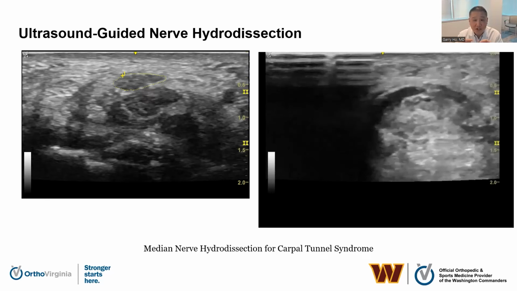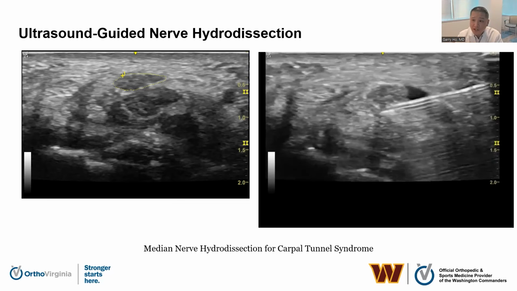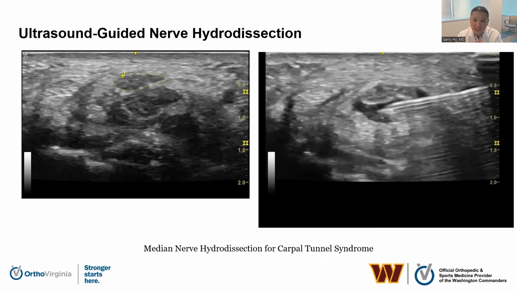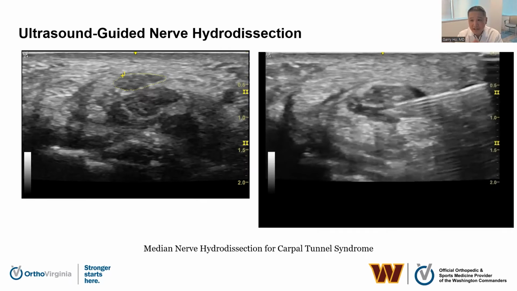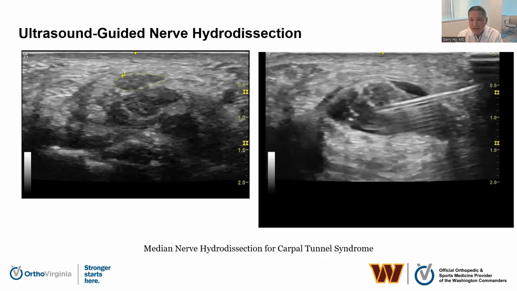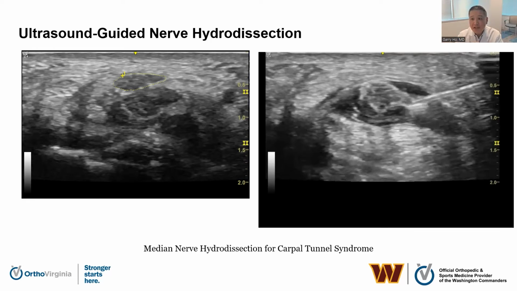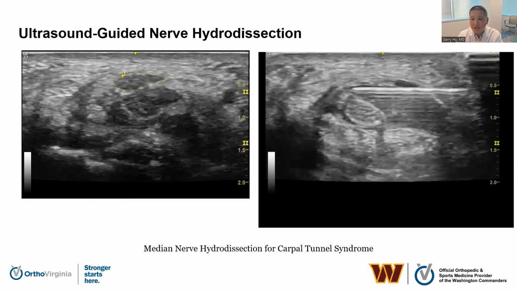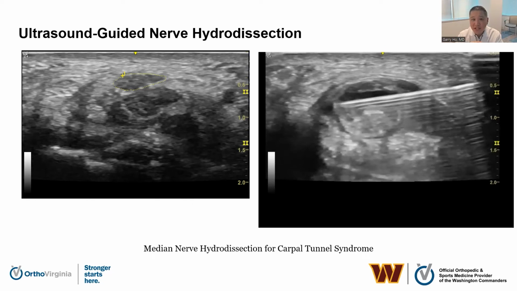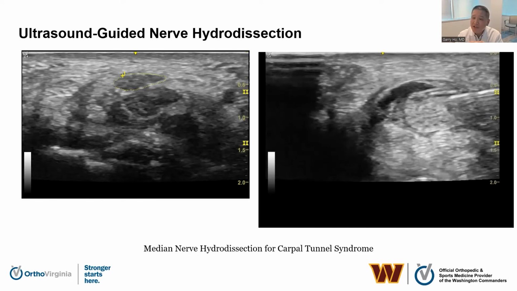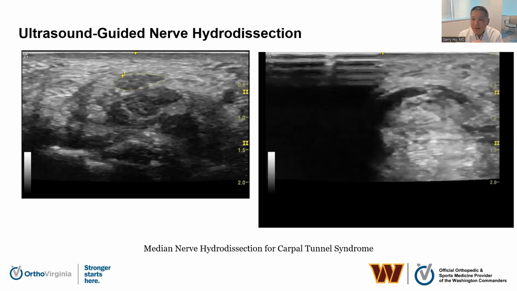And that includes things that can crowd the nerve, things that can pinch the nerve, and also sometimes some scarring and what I call adhesions, the stickiness around the nerve. And you can notice that by the time we're done hydrodissecting that nerve, the nerve shape looks way more circular. And you can see in the next frame right here, look how round and circular that nerve is when we're done compared to the picture on the left here. You can see it's nice and circular. So I often tell people a round and circular nerve is a happy nerve.